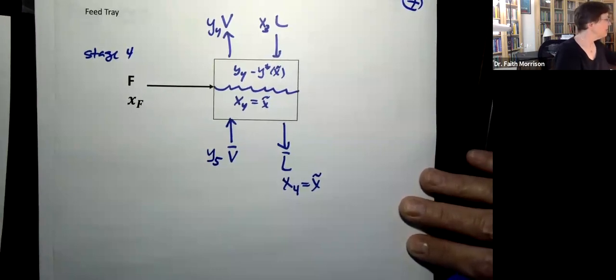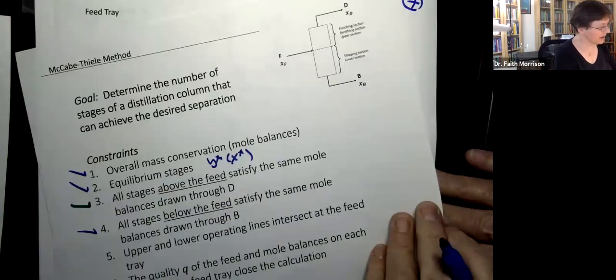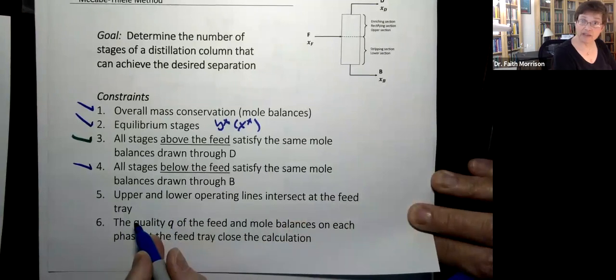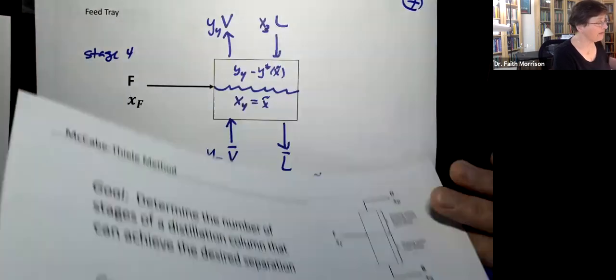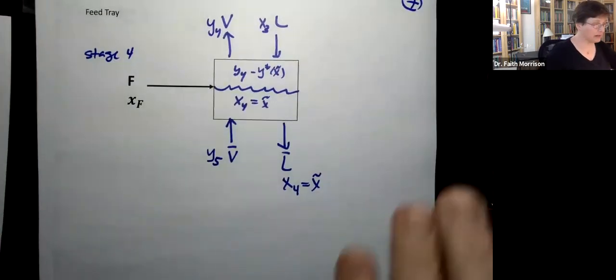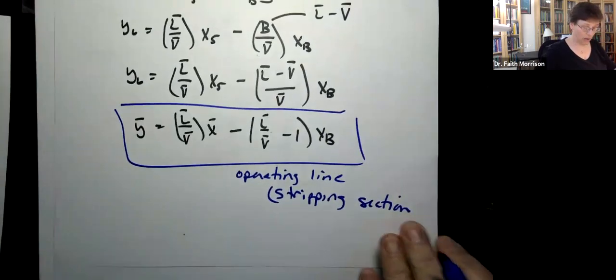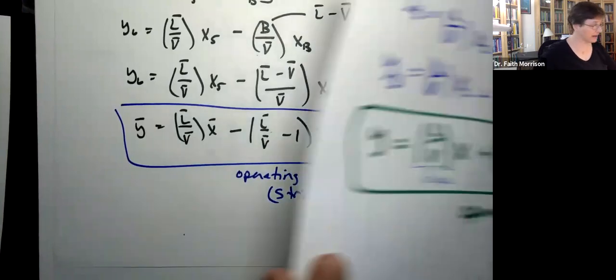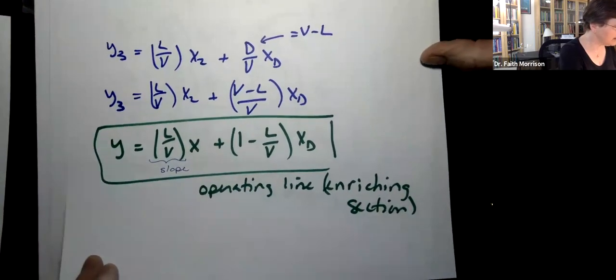All right, so we want to apply the constraint that the upper and lower operating lines intersect at the feed tray. So I have the upper and lower operating lines. Here's the lower one with the bars. And in my pile here, here's the upper one without the bars.